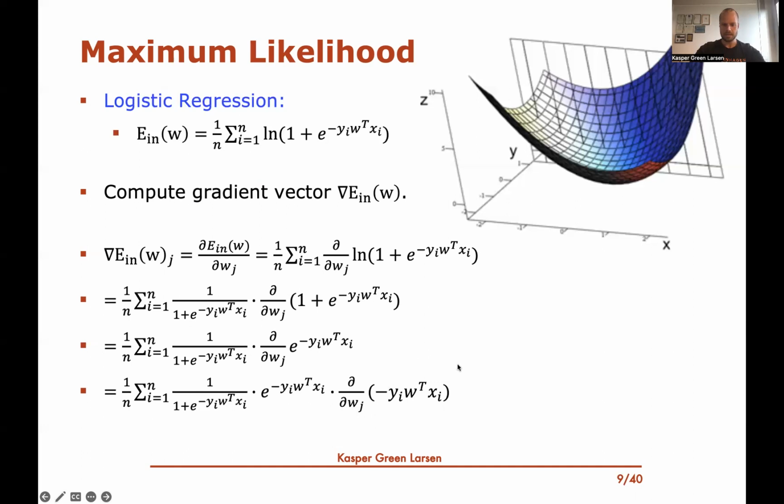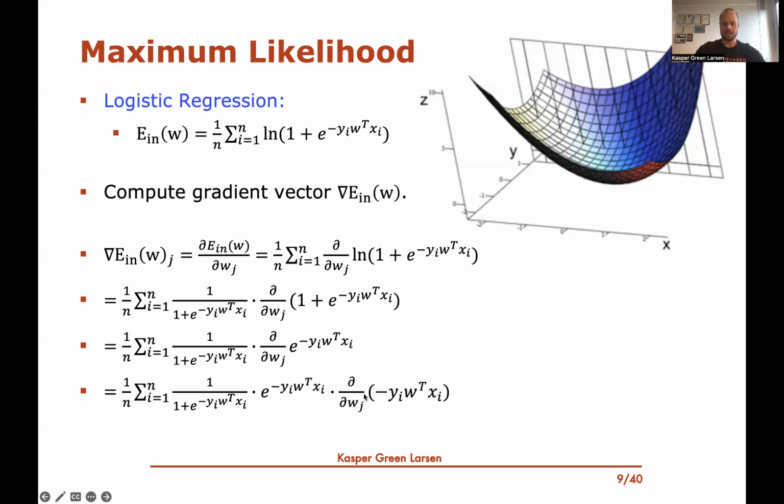Right, so we still have to compute the partial derivative of this minus yi times w's inner product with xi with respect to wj. So far, it's just all using the chain rule. Now, if we unfolded this inner product, it's a sum over all the coordinates of w. So we take the jth coordinate of w and multiply with the jth coordinate of xi, which means that the only term that contains wj is the term minus yi wj xij.